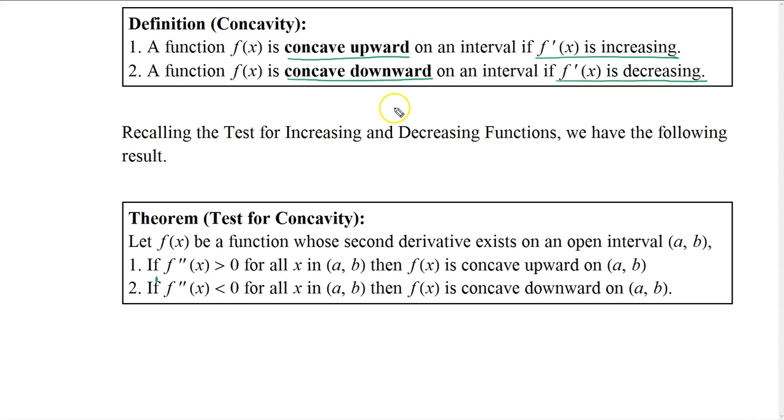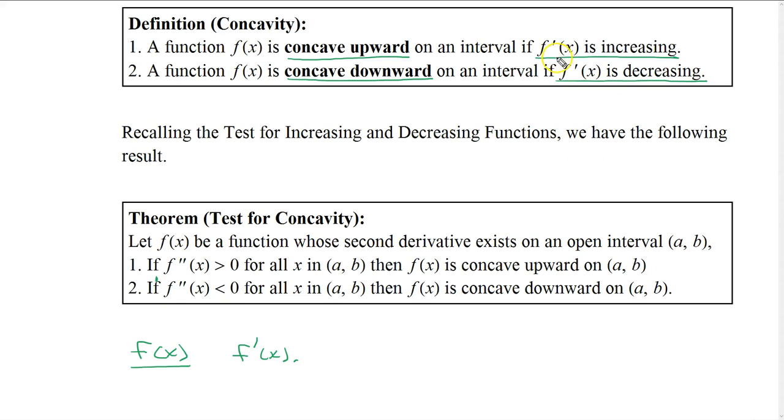Now, how can we determine where a derivative is increasing and decreasing? Well, if you think back to when we were given a function f of x, and we were asked to find where this function increases or decreases, we looked at the sign of its derivative, right?